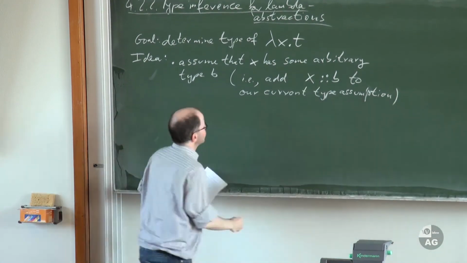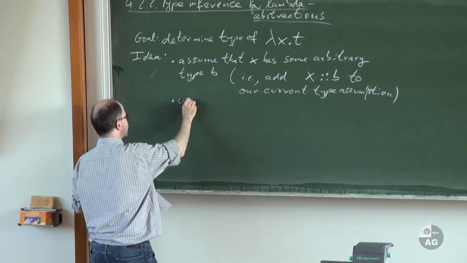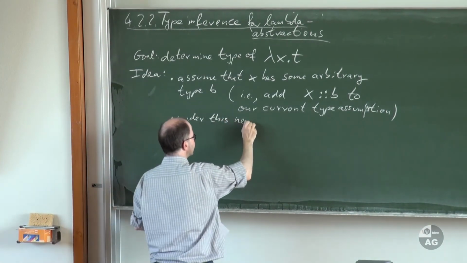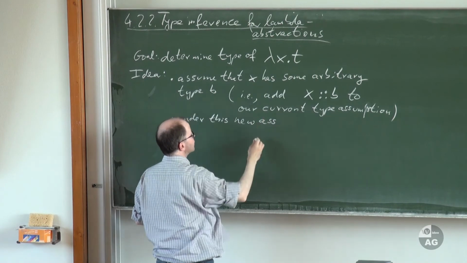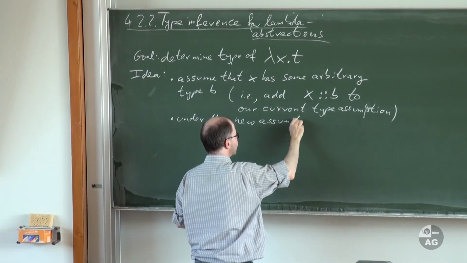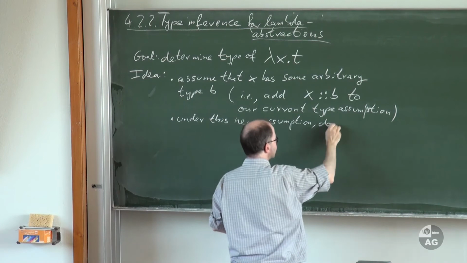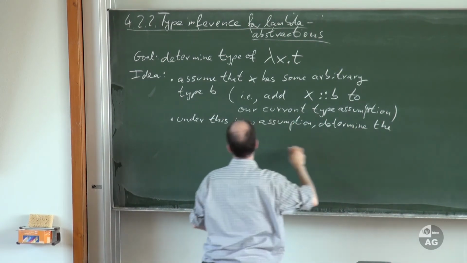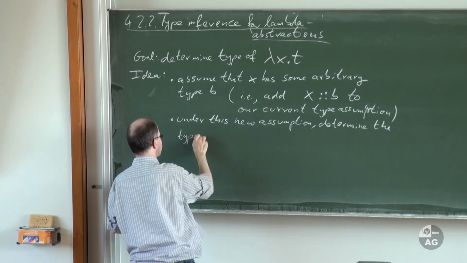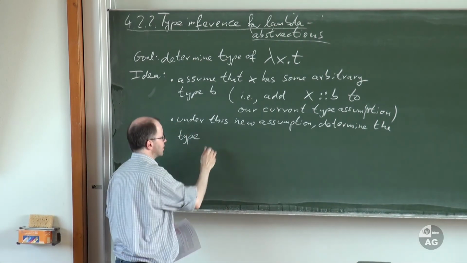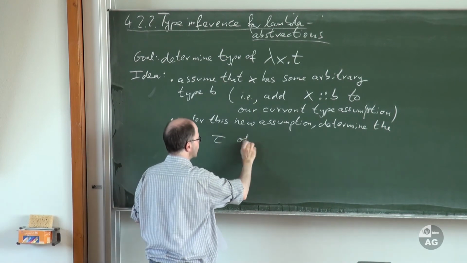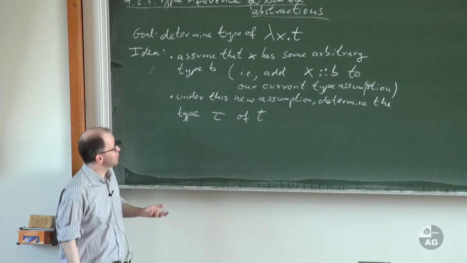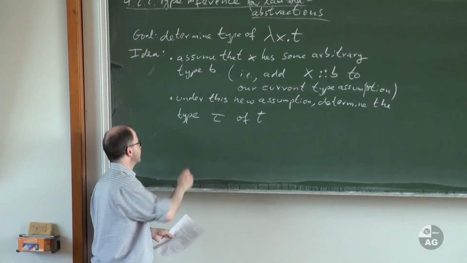And then under this new assumption, we determine the type of t, and let's say the type of t is tau of t.